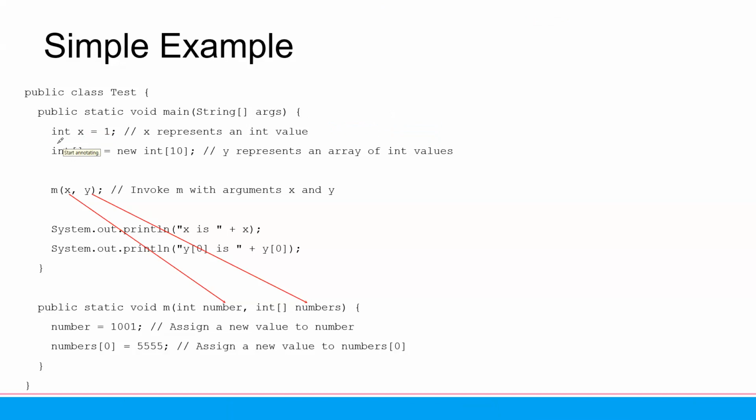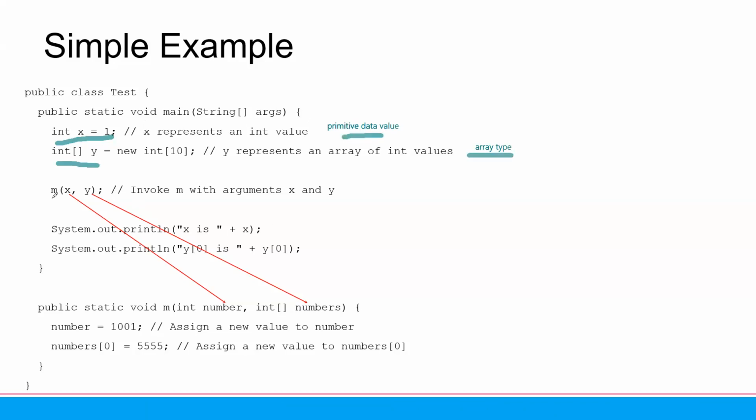If you check this variable, it is a primitive data value. And in this case, it is the array type. Why is it an array? I can see from the square bracket. So this is the primitive data value, and this is the array type.